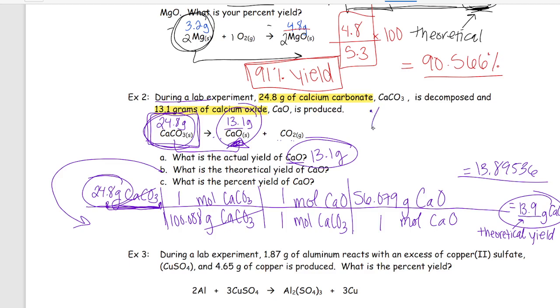So percent yield is 13.1 divided by 13.9. It matters which one you have on top versus on bottom, and then you'll multiply that by 100. So 13.1 divided by 13.9 is 0.94, but then when you multiply by 100, 94.24.